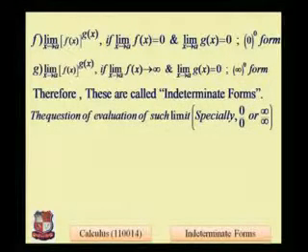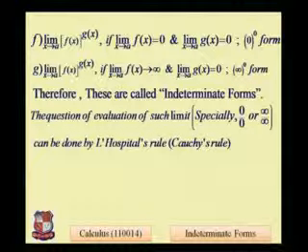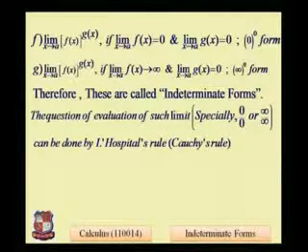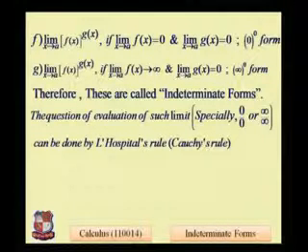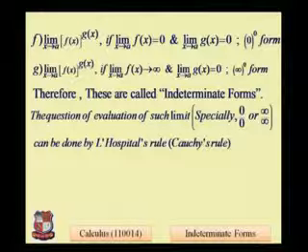Now the question of evaluation of such limits, especially 0 by 0 or infinity by infinity, is possible with the help of one rule. That rule is known as L'Hospital rule, which is also referred to as Cauchy's rule.